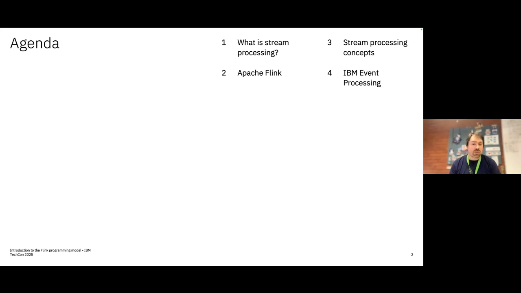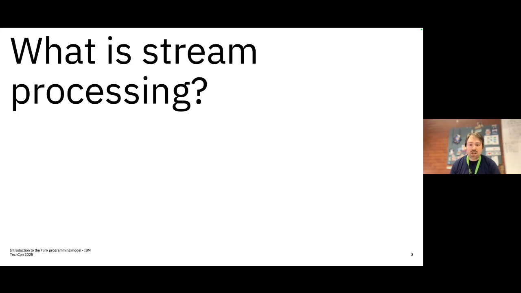I'll introduce some stream processing concepts, and then we'll look at how event processing, the IBM capability, is able to make your life easier when building out and testing stream processing applications and ideas compared to working directly with Apache Flink.